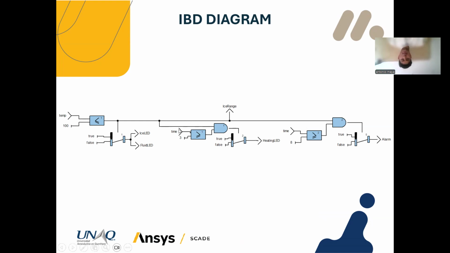If this subsystem is checking the time and it's above 3 or more seconds, and we have ice on the surface, then we're going to turn on the heating LED and also the electrical subsystem that corresponds to this indicating subsystem, because my entire subsystem that I'm working on is an indicating subsystem.